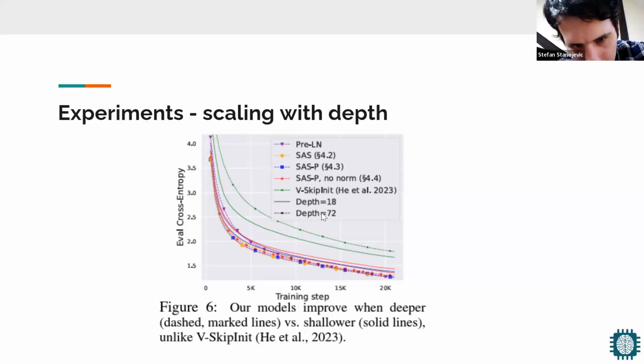And I think the point here is that, for example, the V-skipping model, which got rid of one of the residual connections but didn't make the other corrections that they made, actually gets worse as we increase the depth. But for their model, you can see improvements as we scale from 18 to 72 for all of them.